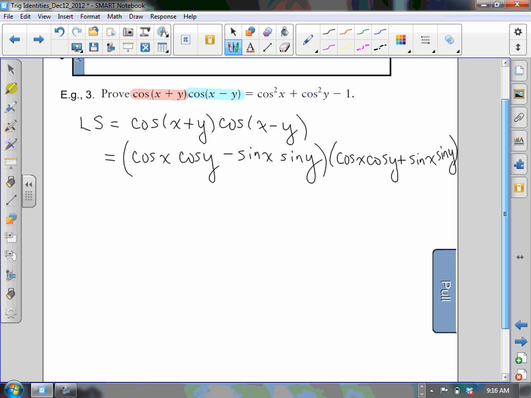Moving forward, you can see that we actually have two binomials. We have an expression, cos x cos y minus sine x sine y, that really is a two-term expression. We have one term, a second term, and in the following bracket a first term and a second term as well. Being that we have two binomials and we're multiplying, we're going to expand. So let's do some expanding.